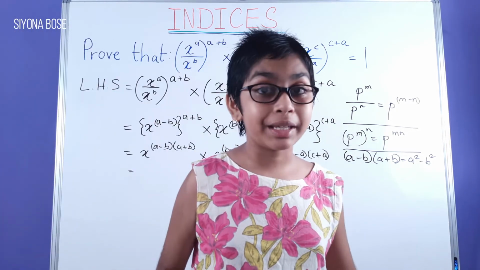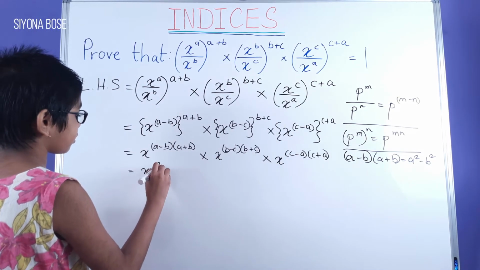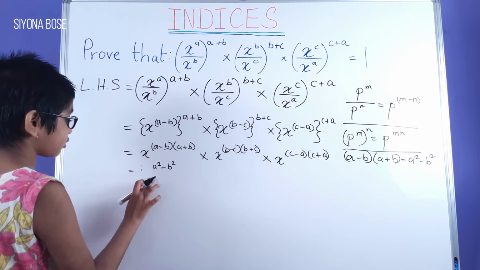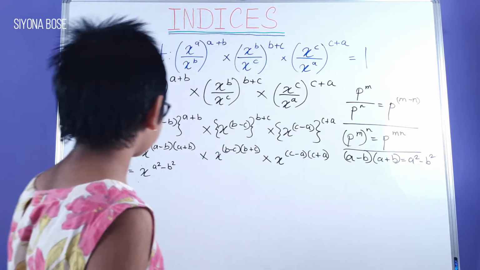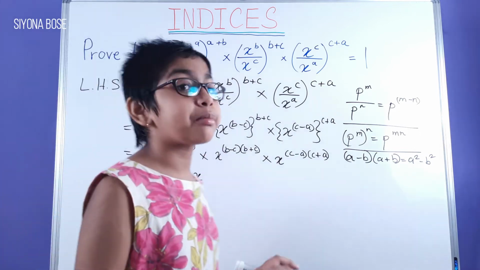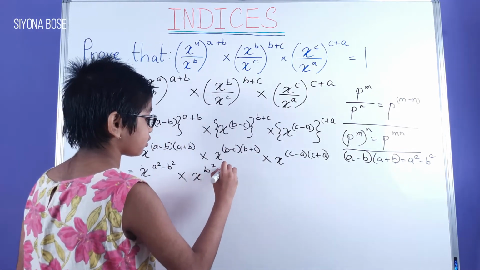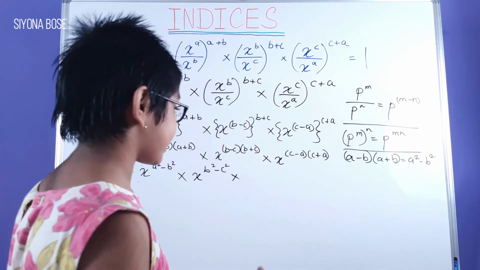Applying that, we get x to the power of a squared minus b squared into x to the power of b squared minus c squared into x to the power of c squared minus a squared.